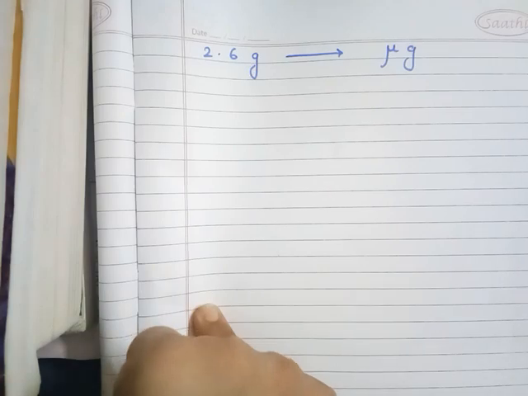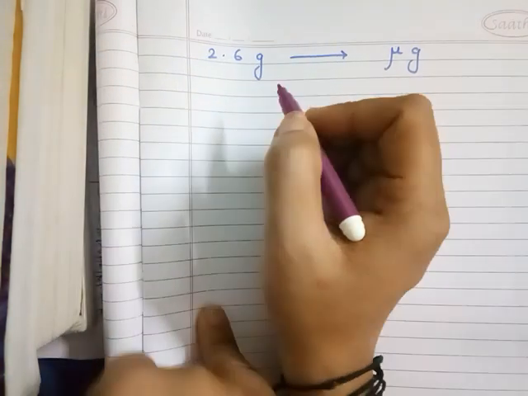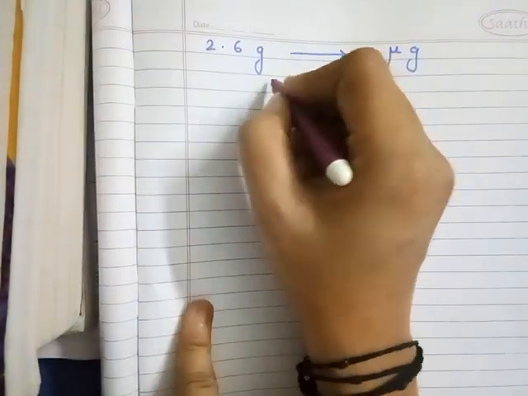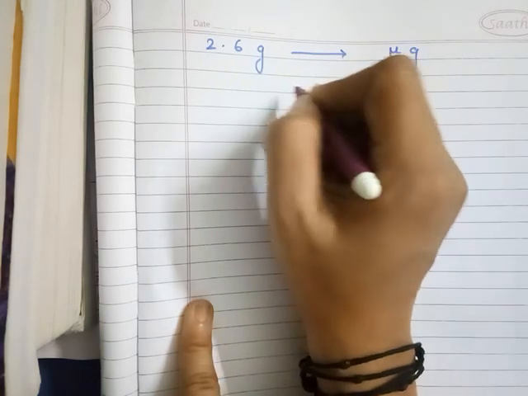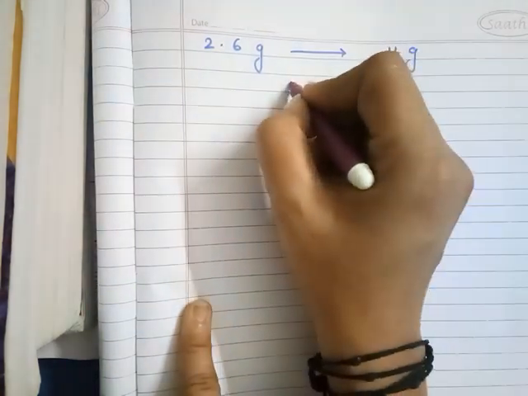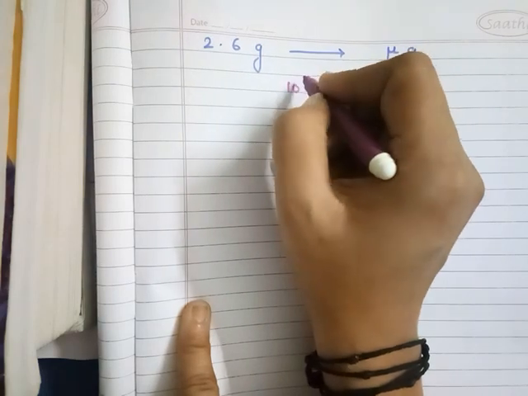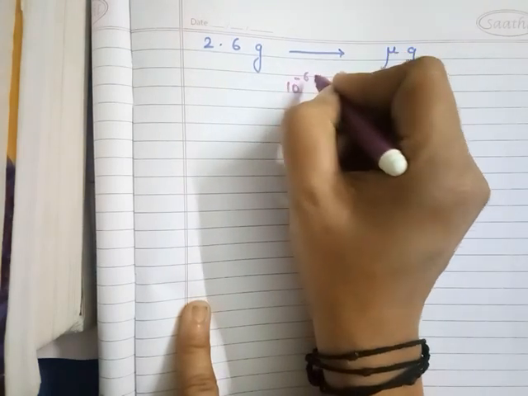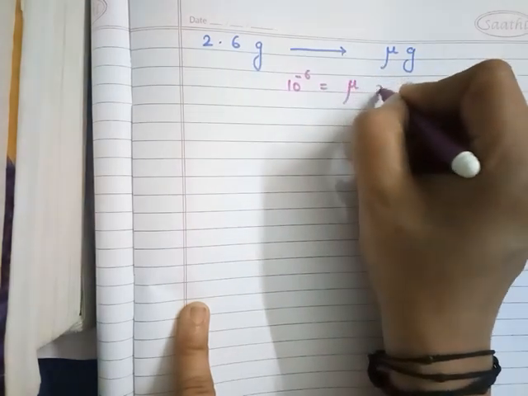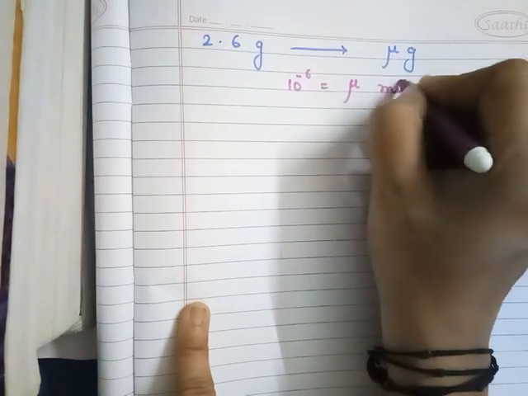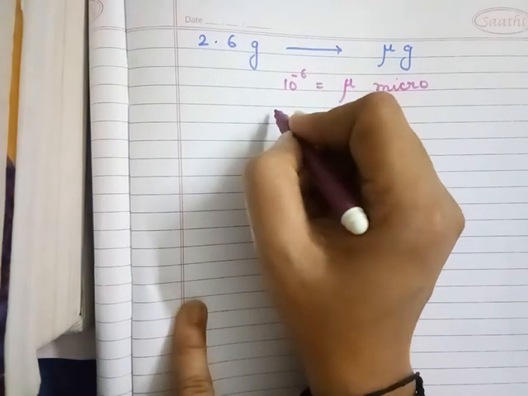So 2.6 gram is equal to how many microgram? So we know that micro means 10 to the power minus 6, indicated by the prefix mu, which is micro.